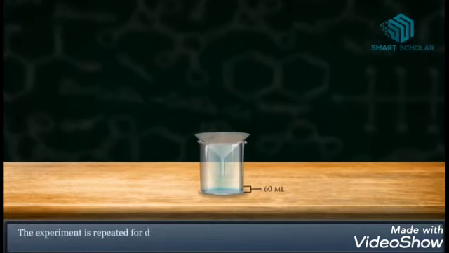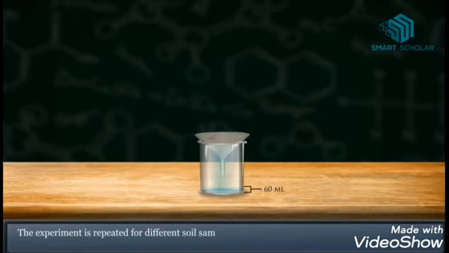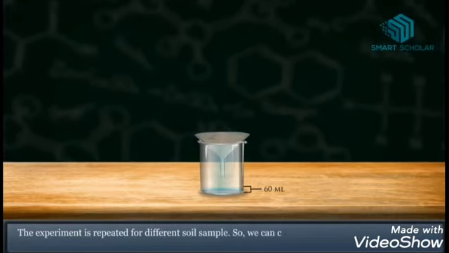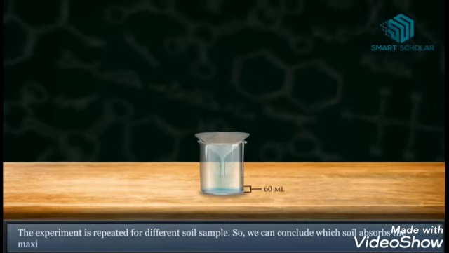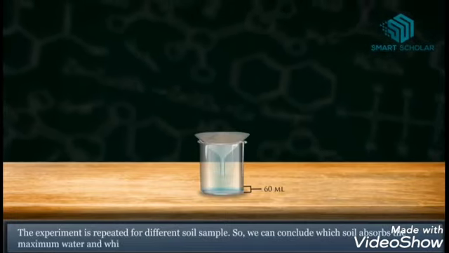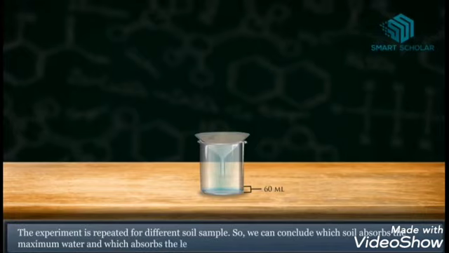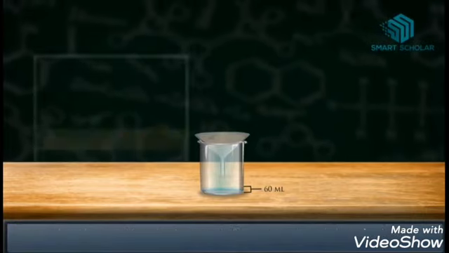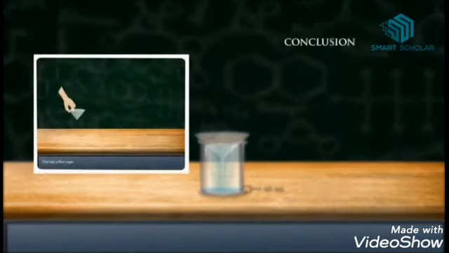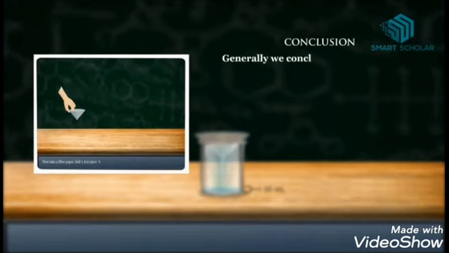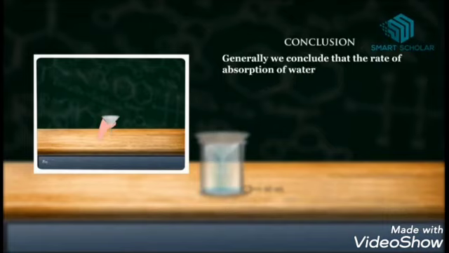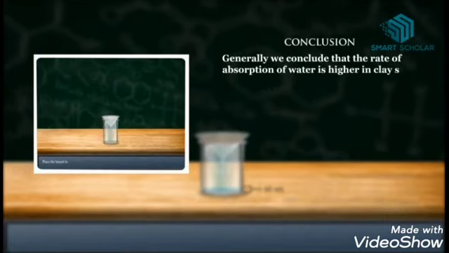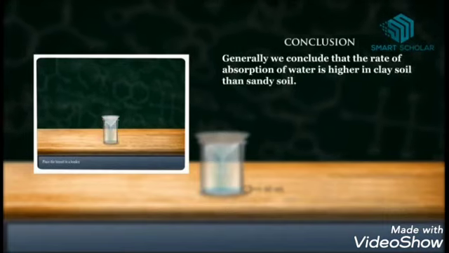The experiment is repeated for different soil samples. So we can conclude which soil absorbs the maximum water, which absorbs the least. Generally, we conclude that the rate of absorption of water is higher in clay soil than sandy soil.